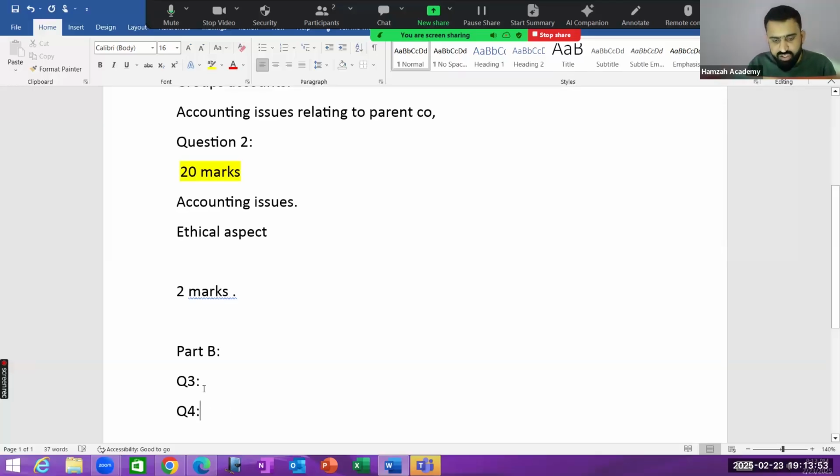Both of the questions will consist of 25 marks: 25 marks in Question 3 and 25 marks in Question 4. So you again have a total of 50 marks in Part B of your exam.